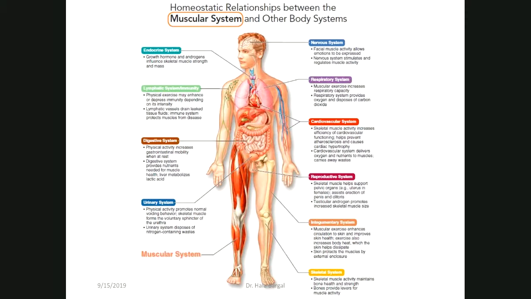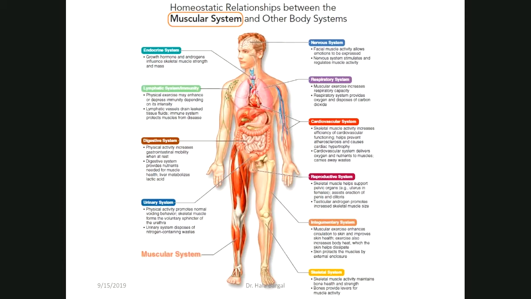The nervous system, of course, controls the different movements of the muscle. The respiratory system supplies the muscle with the oxygen needed for its action. The cardiovascular system: the oxygenated blood supplies the muscle with oxygen and all the nutrients, and deoxygenated blood removes the carbon dioxide and the wastes.